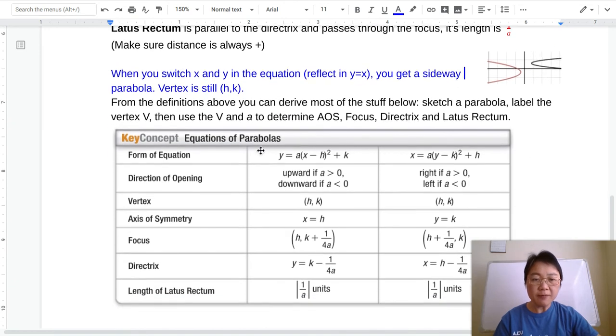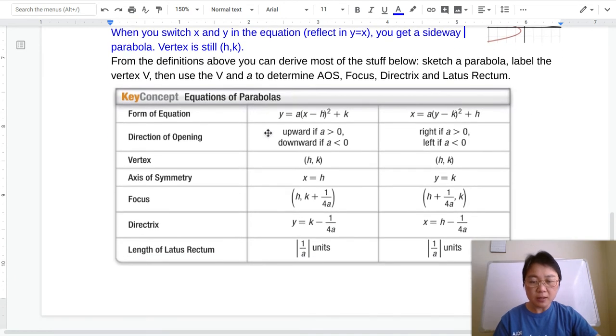So from the definitions and these characteristics, we can understand the chart here. In this column, we have y in terms of x squared, so it's an upside up or upside down parabola. In the last column, x in terms of y squared, so we have a sideways parabola here. The vertex is always the same, h comma k.